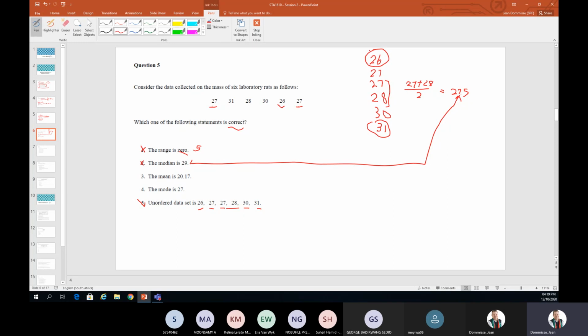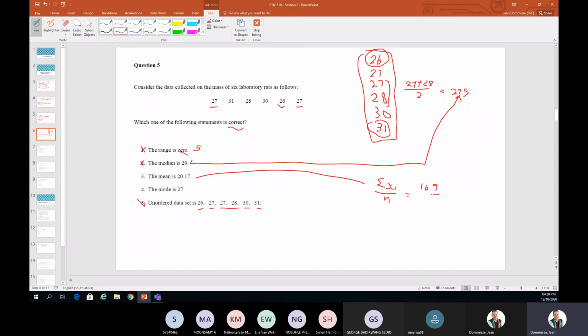The mean, okay, we need to basically add all of that. So the mean would be the sum of all the x's divided by n. So let me just work that out again. 26 plus 27 plus 27 plus 28 plus 30 plus 31, I get 169.